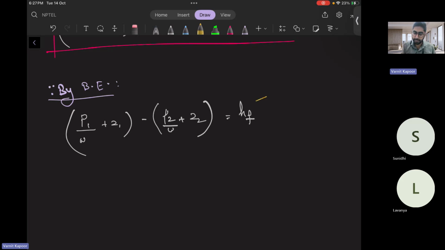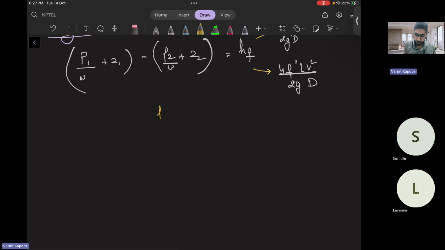From friction factor, you can write it as f L V square by 2 g D. And from friction coefficient, since f is 4 f dash, it is 4 f dash L V square by 2 g D. So our hf can be defined for laminar and turbulent scenarios.